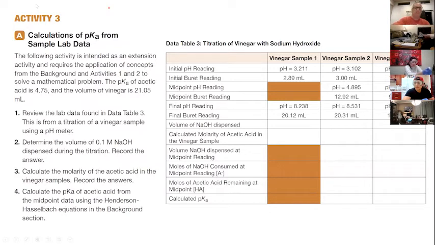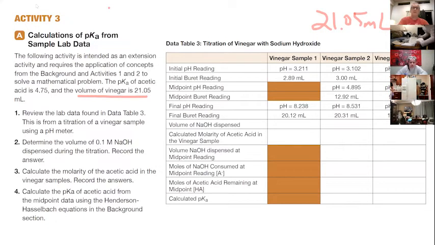Okay. So the original volume of vinegar is 21.05 mils. So that's how much we start with. The burette, which was the instrument I showed you before, the long skinny tube, unlike most things we measure with, actually has 0 at the top and 50 at the bottom because it's dispensing.